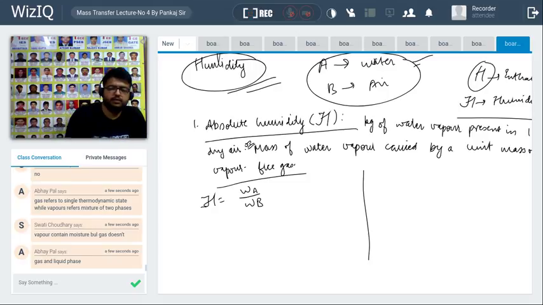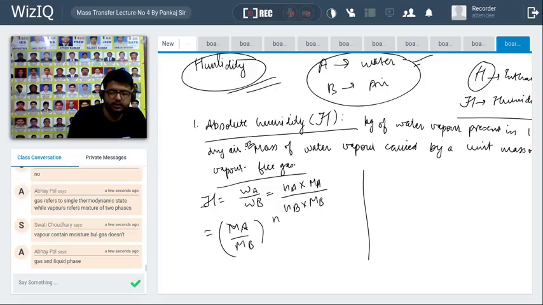Now W is equal to Na into Ma upon Nb into Mb, because number of moles is equal to given weight upon molecular weight. That is equal to Ma over Mb into Na over Nb.